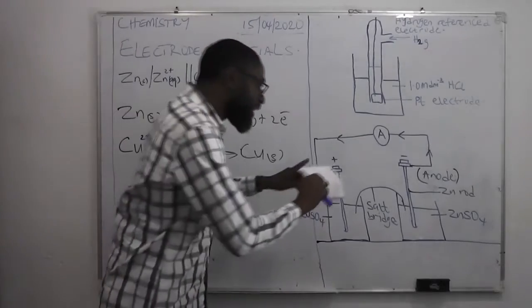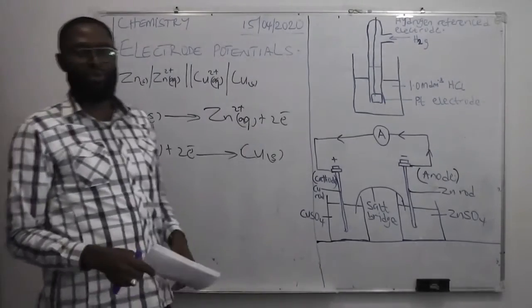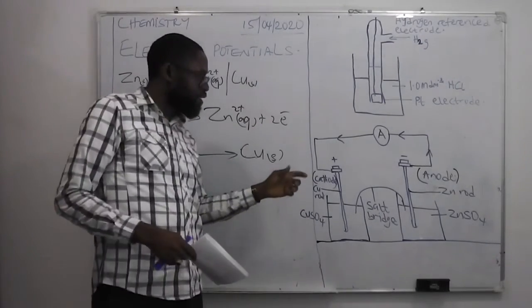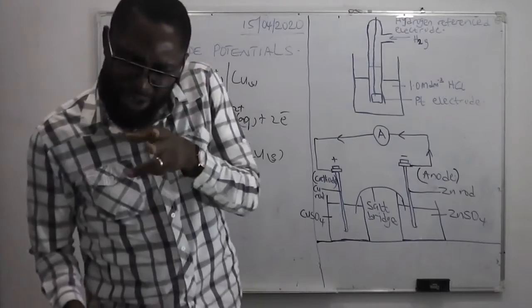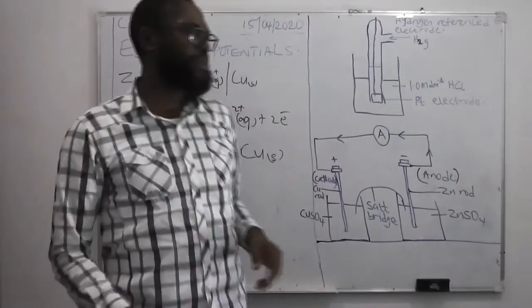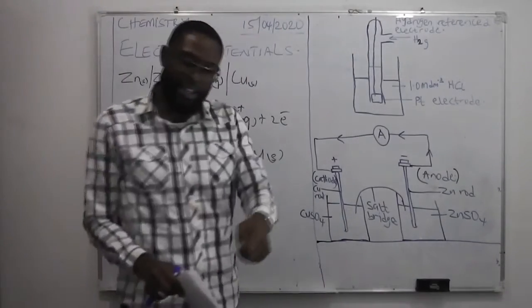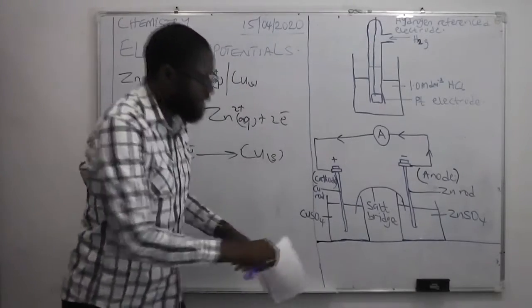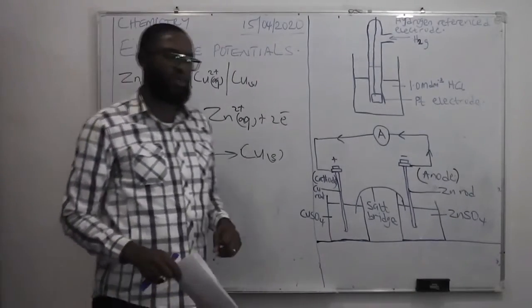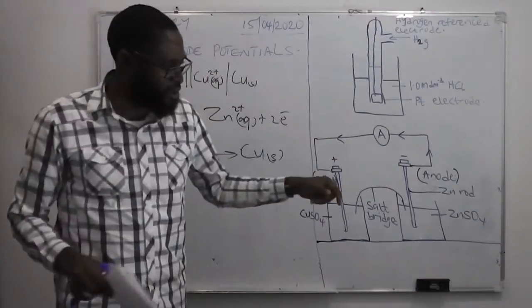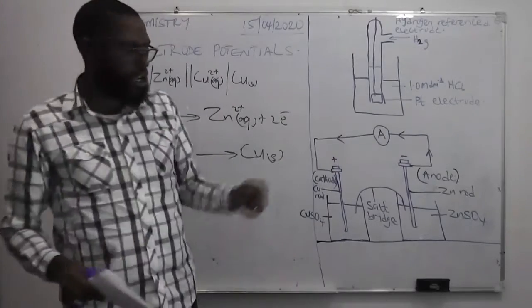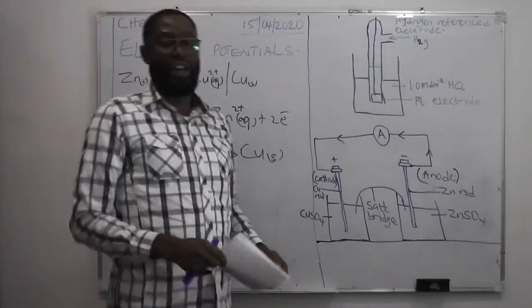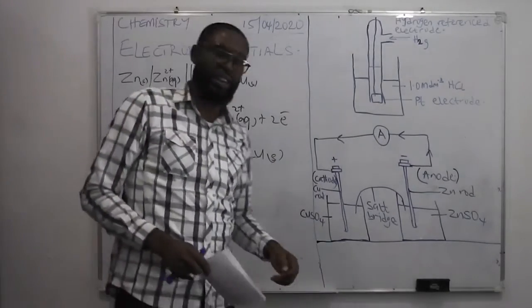And they are both connected by a salt bridge. A salt bridge could be just a filter paper. Just cut a very thin strip of filter paper, immerse it in either sodium chloride or potassium chloride, and you put it in between. The purpose of the salt bridge is to allow for the movement of ions so that there will be flow of electrons between the two different electrolytes or solutions, as you can see on the board.